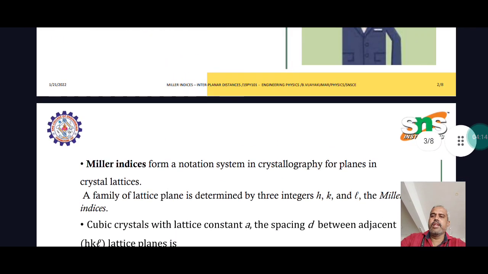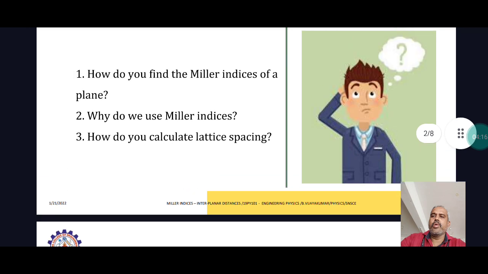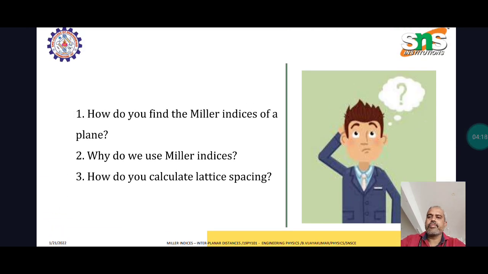So the Miller indices play a very important role in finding the crystallographic axes and angles.